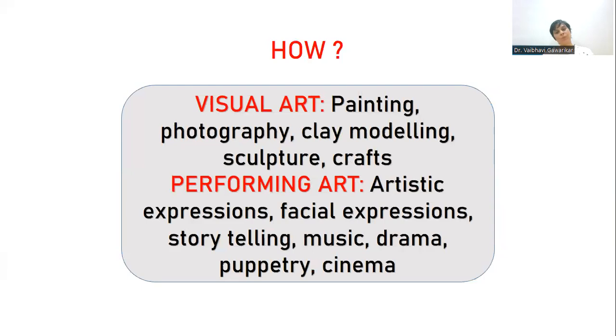And it could be through visual and performing arts as specified in the slide in front of you. Thank you, and I think we'll come with more videos on exact exemplars that might help us to integrate art into our regular teaching learning process.